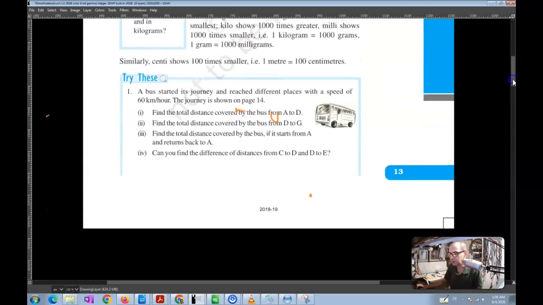Okay, so now the speed is 60 kilometers per hour, and you want to find the total distance covered by the bus from A to D, right?